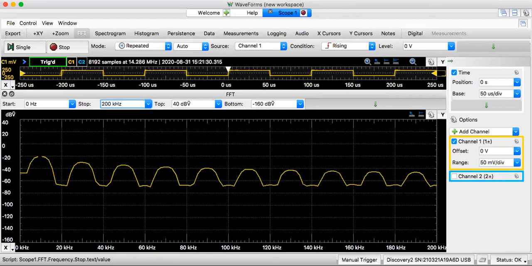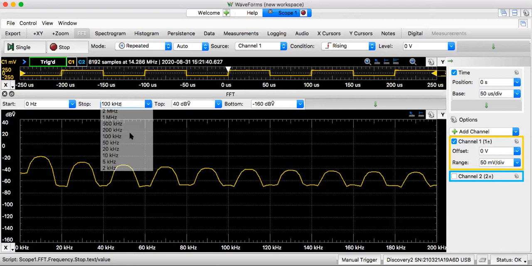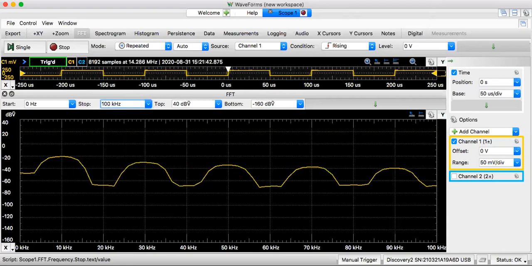So you have 10,000, right? You have no 20,000. You see 10,000, 30,000, 50,000. For a square, you do not have a 20,000 component. You only have 10, 30, 50.